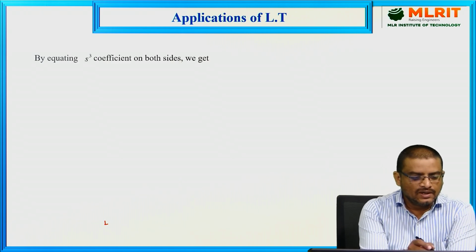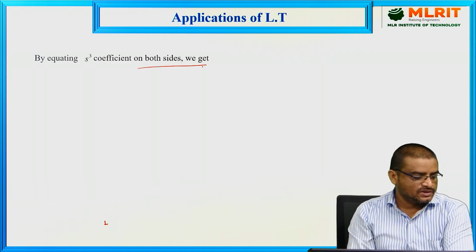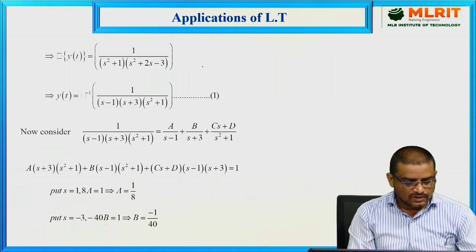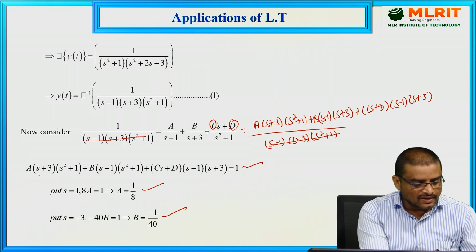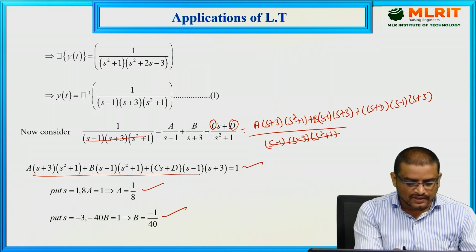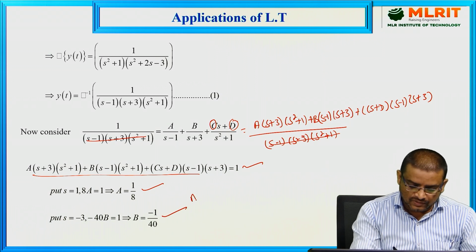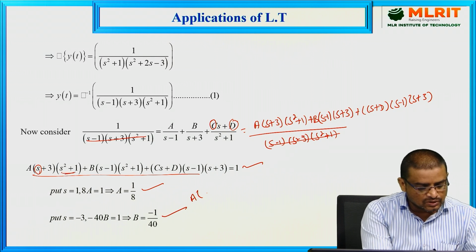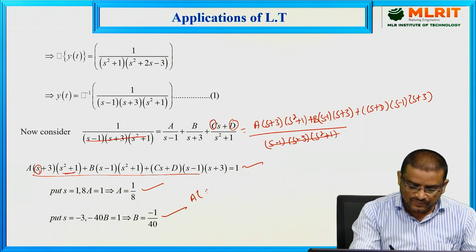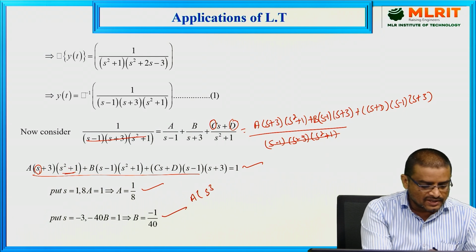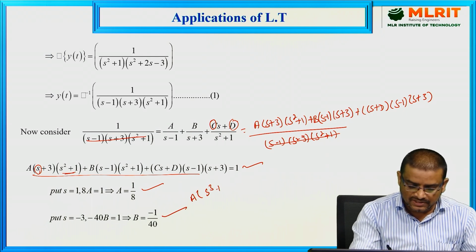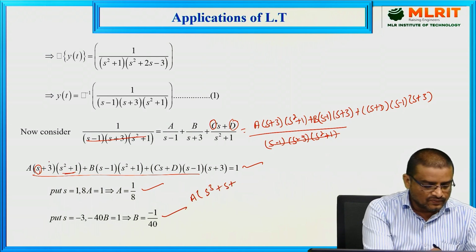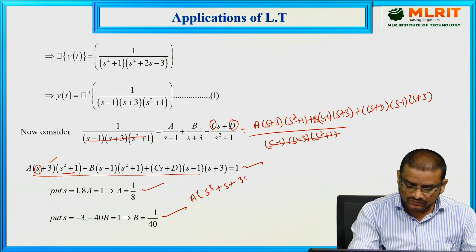By equating s cube coefficients on both sides, first you remove these brackets by multiplying. If you remove this, you will get s plus 3 into s square plus 1. First you multiply this s with these two terms: s into s square, you will get s cube, plus s into 1, you will get s, plus now go for 3s square plus 3.